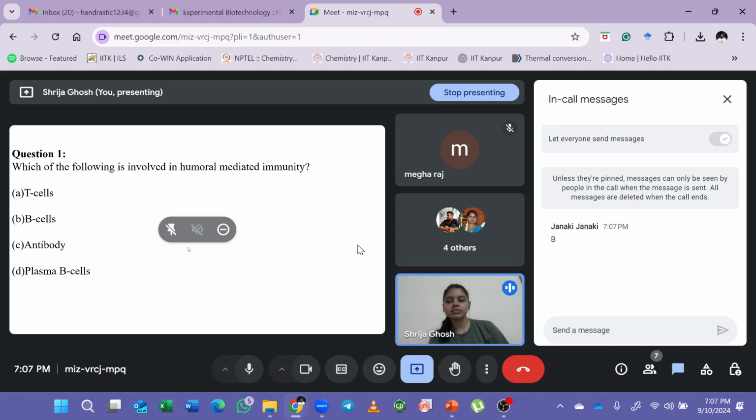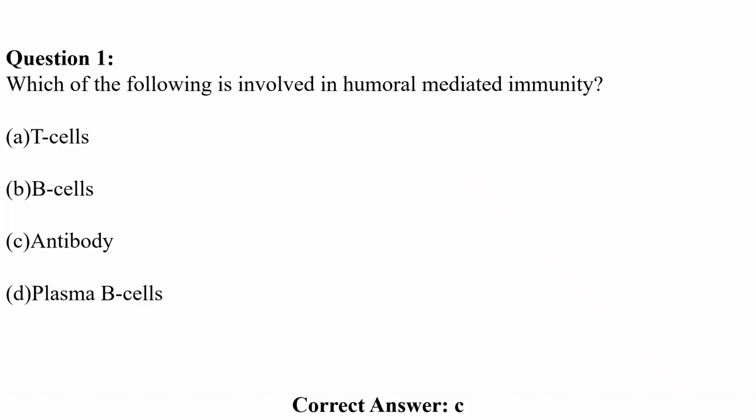So the correct answer for this question is actually option C, antibody. So we have two types of immunity. One is humoral mediated immunity, the second is cell mediated immunity. In humoral mediated immunity, all the antibody mediated immunity comes under this criteria.